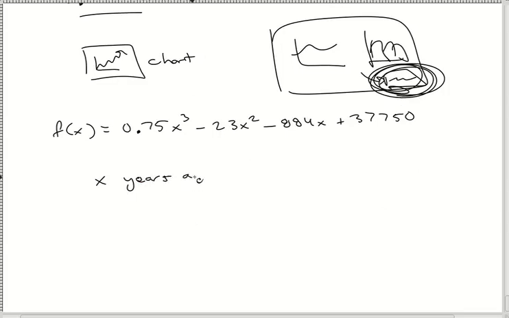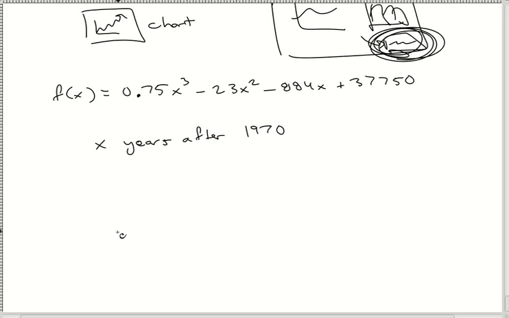They also say that x is years after 1970. I think this is the tiger problem. Something about tigers and extinction or something. I don't know. So they're saying we need to look at the year 2010. So I'm going from 1970 all the way to 2010. How much x do we got? 40.